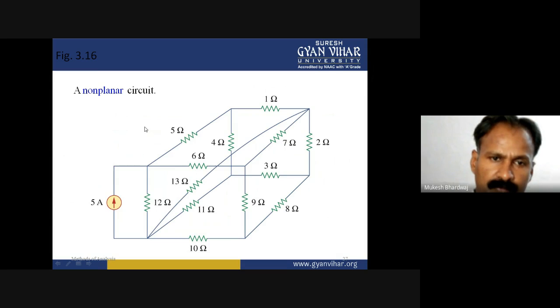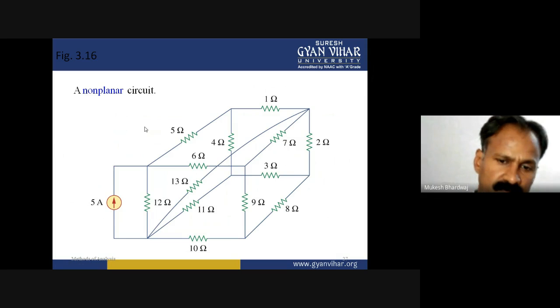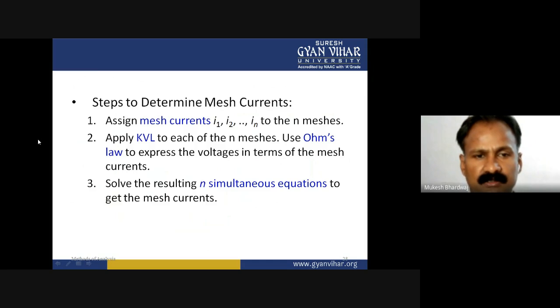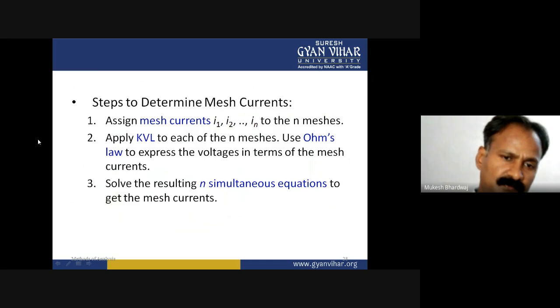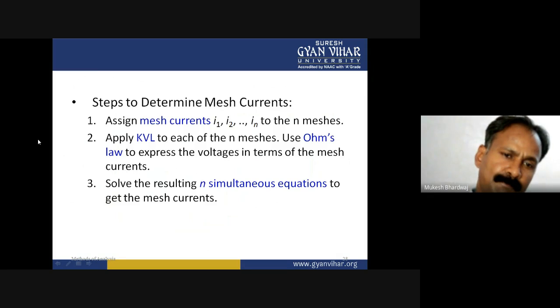A non-planar circuit. Steps to determine mesh currents. Assign mesh currents I1, I2, up to IN to the n meshes. First, you assign the meshes or loops in a planar circuit.